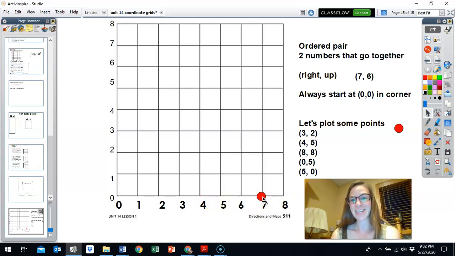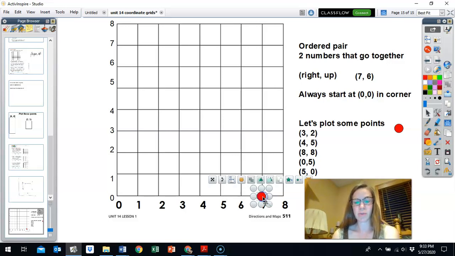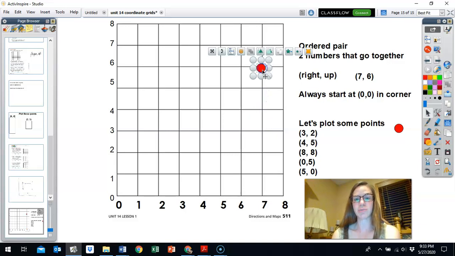All right, and then I need to go up 6 spaces, or 6 lines. 1, 2, 3, 4, 5, and 6. If I were to draw my finger down, it would match the 7 because I went 7 to the right. And then if I were to go across, it should line up with the 6. So that is plotting this ordered pair of 7, 6.